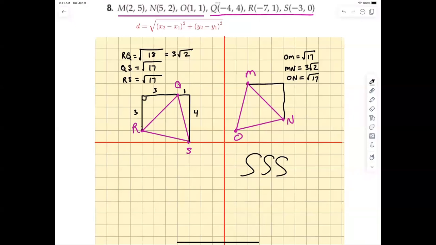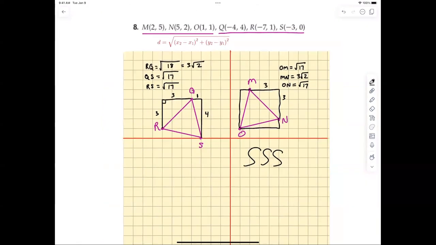Like for RQ it's 3 and 3 for the right triangle. Oh yeah, technically yeah. If you knew that was 3 and 3 and that's 1 and 4, of course those are the same. Right. But generally you would have to say the sides are congruent, you know what I mean? Yeah. All right. So does everybody agree?